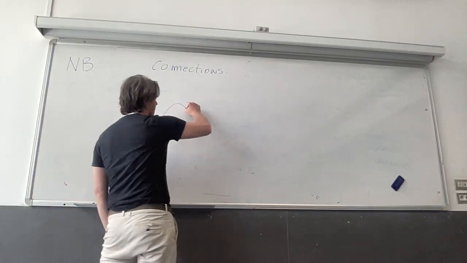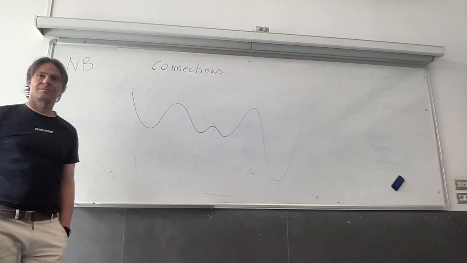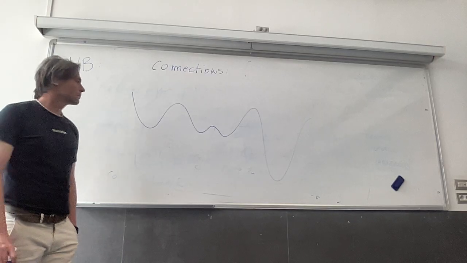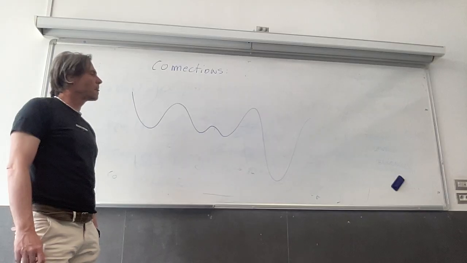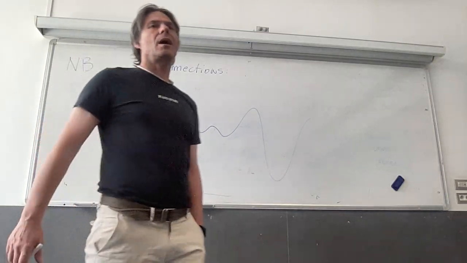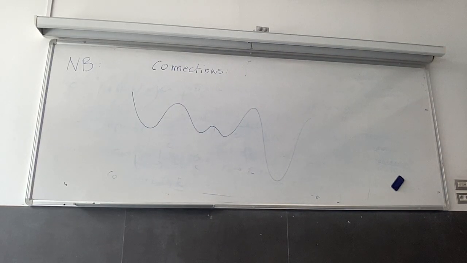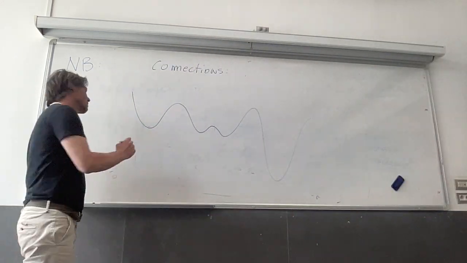Suppose we have an energy landscape done like this. Now suppose we put all of our particles in the leftmost well at the beginning. So we put n particles here, all say in the same point.